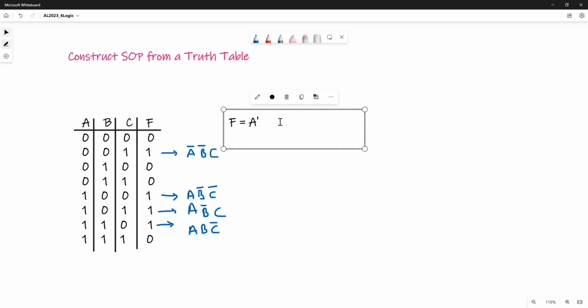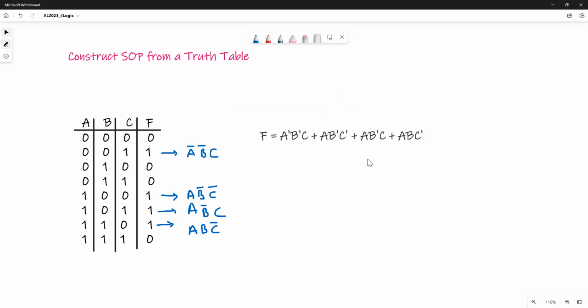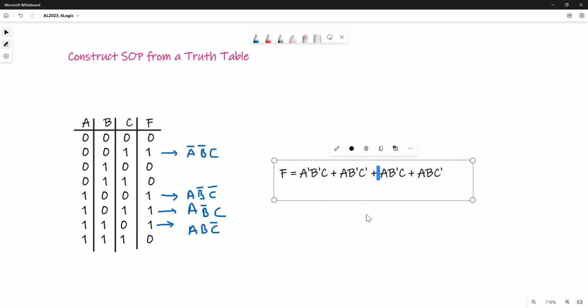That means A bar, B bar, C plus A, B bar, C bar plus A, B bar, C plus A, B, C. You see, we can write it like this.